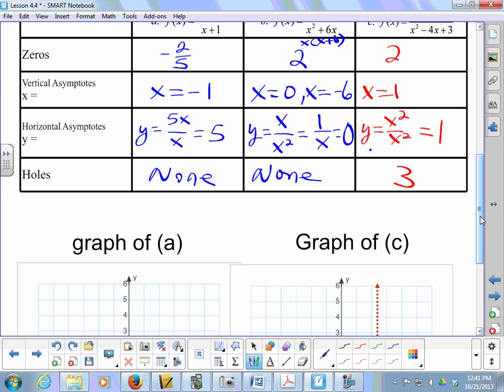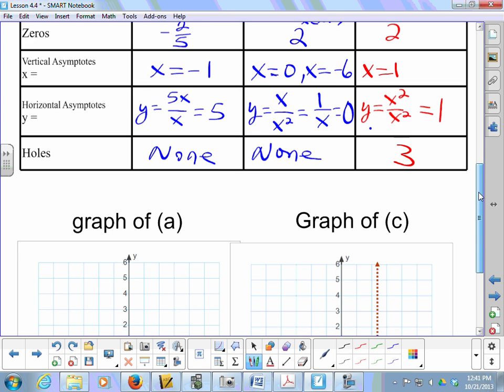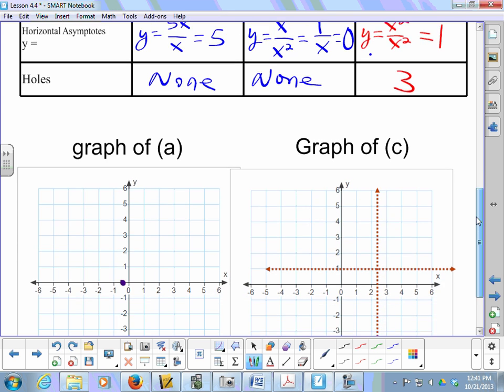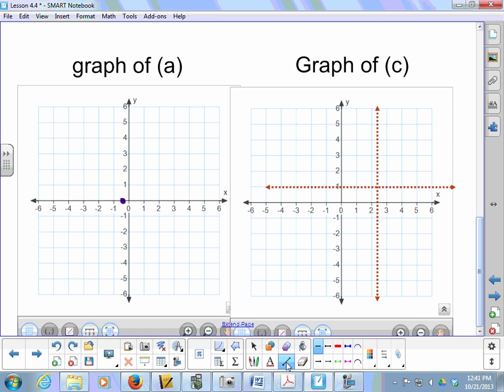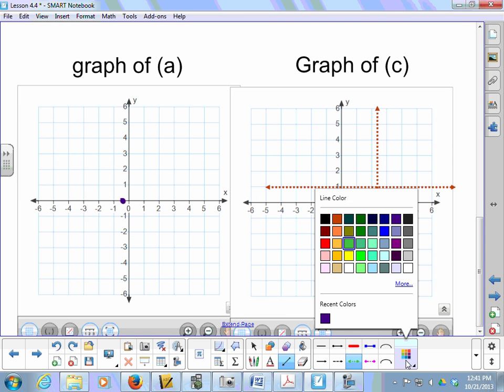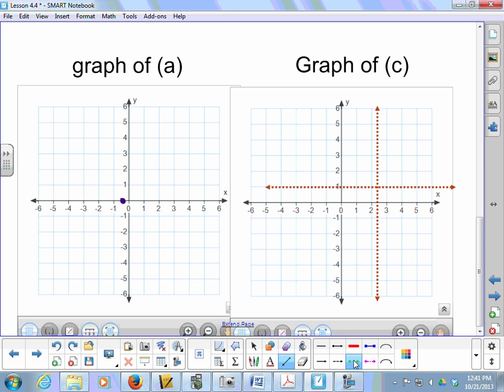So that means I'm going to draw dotted lines to represent those asymptotes. So a vertical one at negative 1, horizontal at 5.